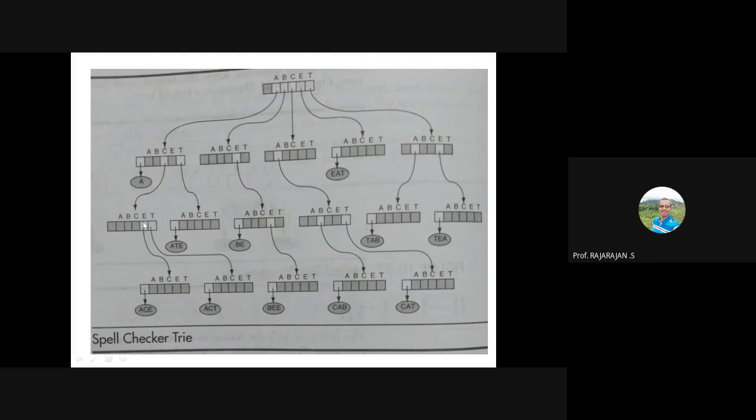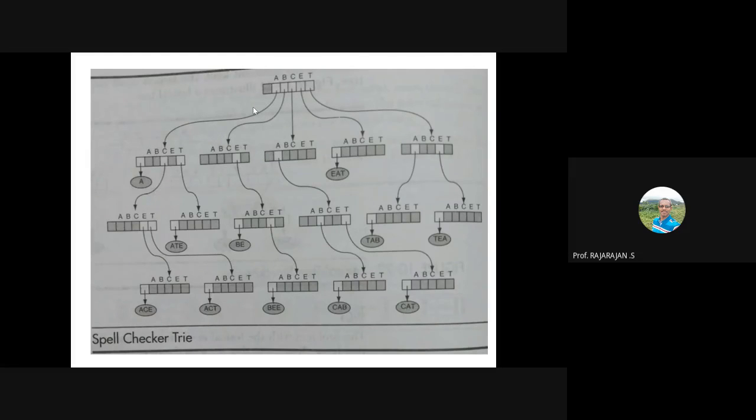ACE, so I will now check whether E is null in the next level, the third level. Since E is also not null, I come to this particular node, and here I locate ACE at the leaf level, which means that word is actually present in the dictionary and my spelling was recognized as correct.